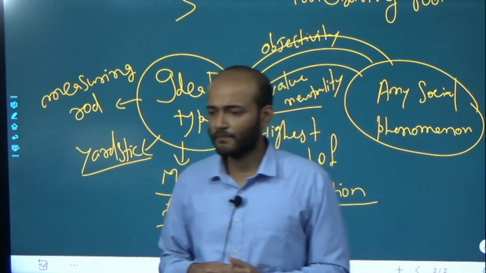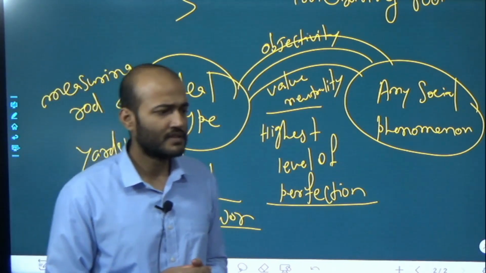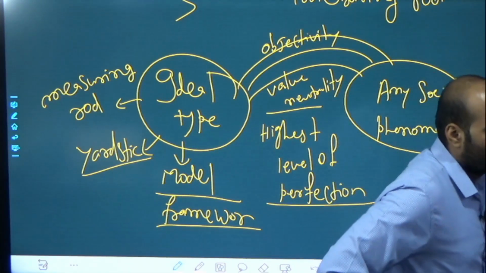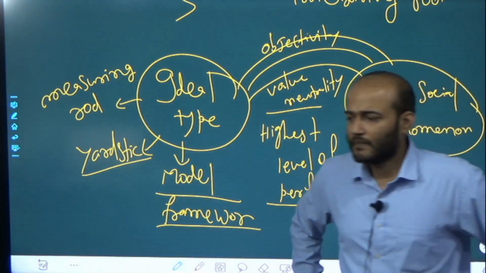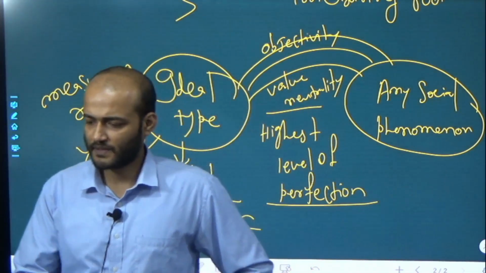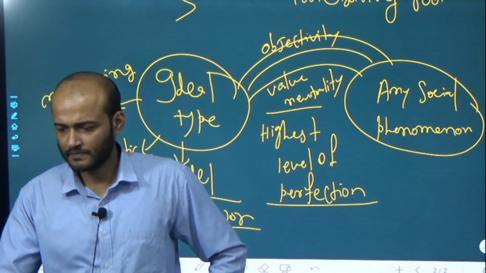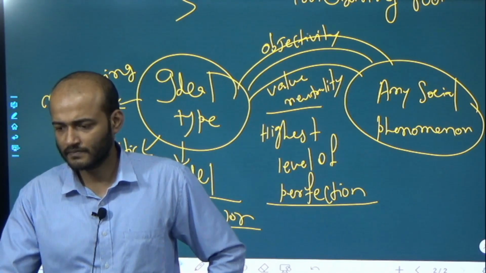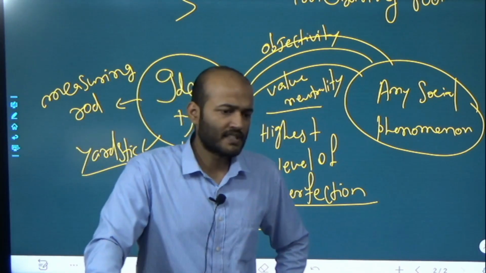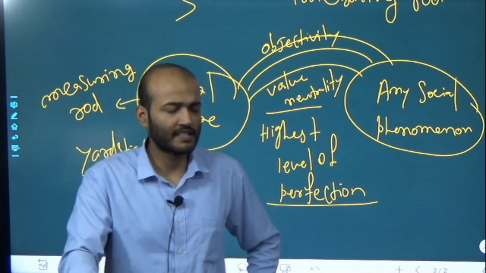Next write: a general sociological ideal type, and action ideal type. Now write some features of the ideal type. Certain features of ideal type.